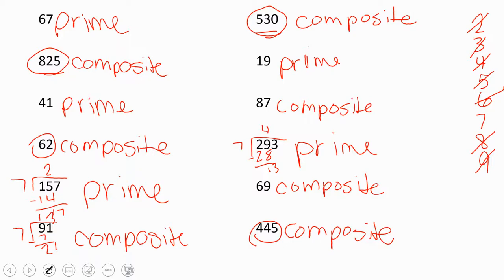Okay. So again, as you're doing these problems, you're going to get one at a time. I suggest checking: is it divisible by 2? Is it divisible by 5? Is it divisible by 3 or 9? Check those together, because you're going to add the digits for both of those. And then you'll check, is it divisible by 7? So you really have to check 4 things.